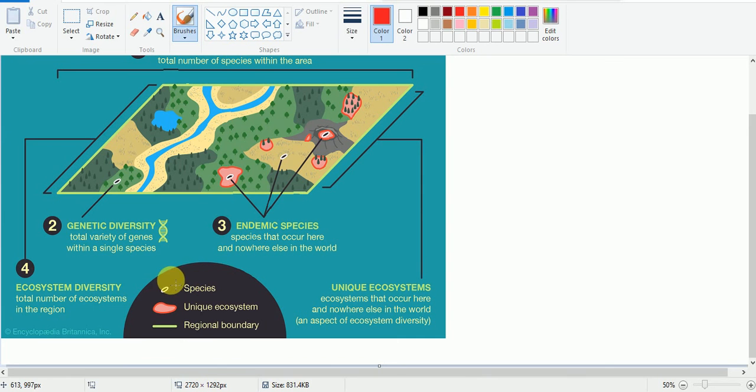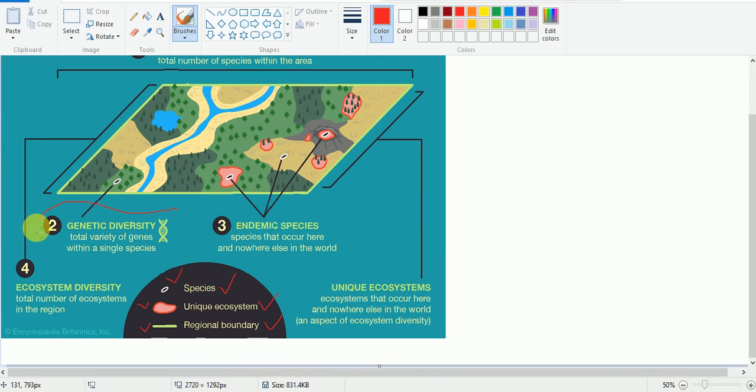Here this symbol represents species. The second one shows a unique ecosystem, and this greenish thick line shows the regional boundary of an ecosystem.